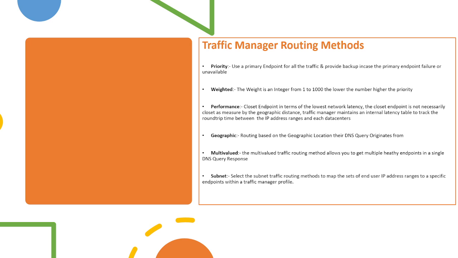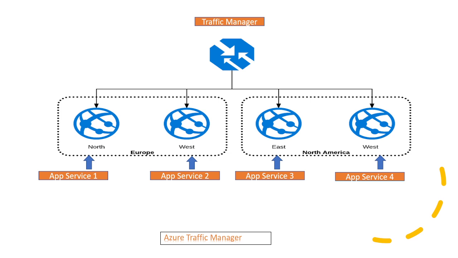There are 6 methods within the traffic manager, the routing method that you can decide. The first one is priority. In my previous example, here we have 4 applications. When you decide priority based, you tell your traffic manager, within the Europe region we have 2 application servers, the first priority for the North Europe server and the second priority for the Western Europe server.